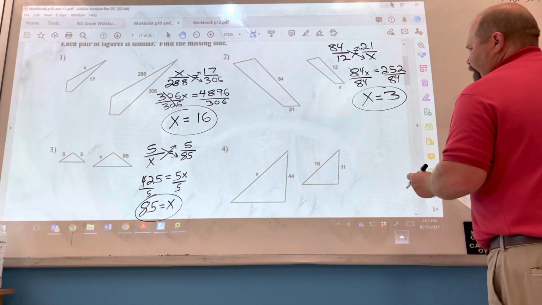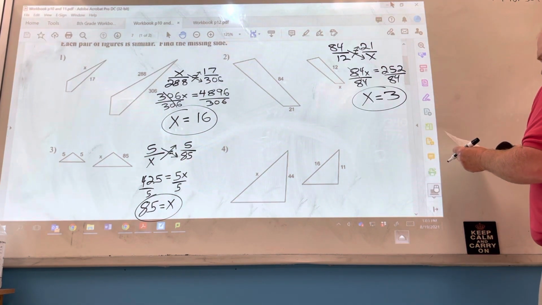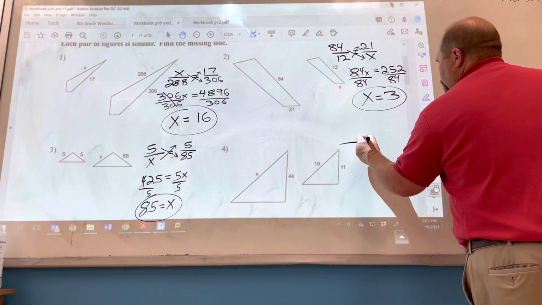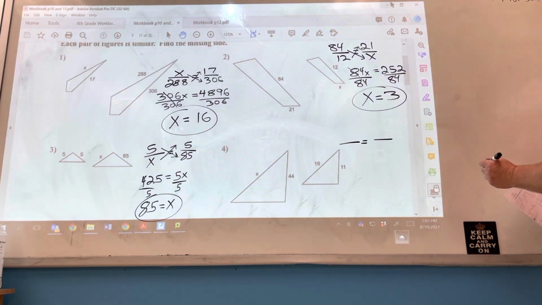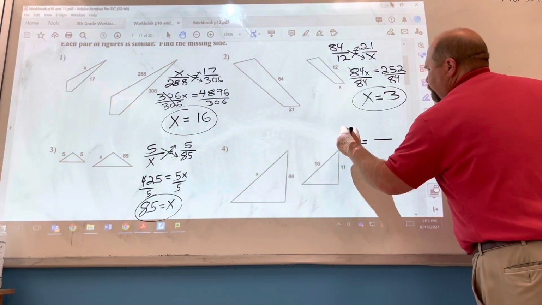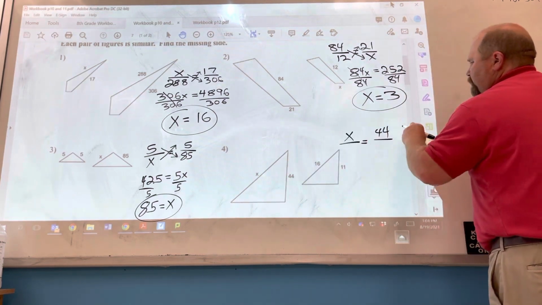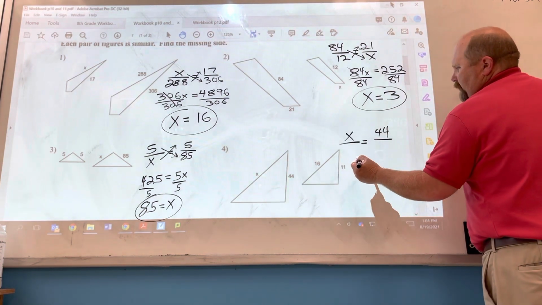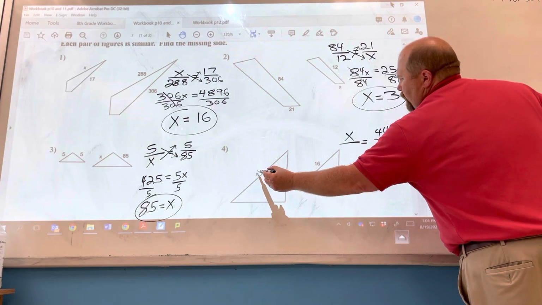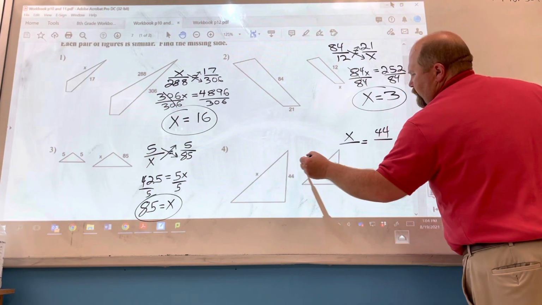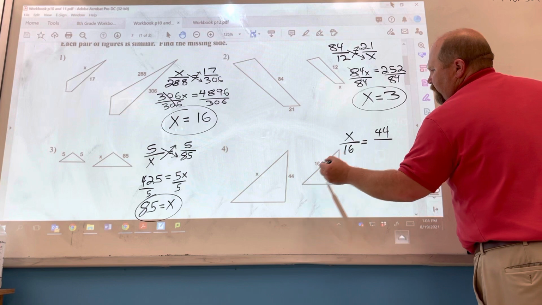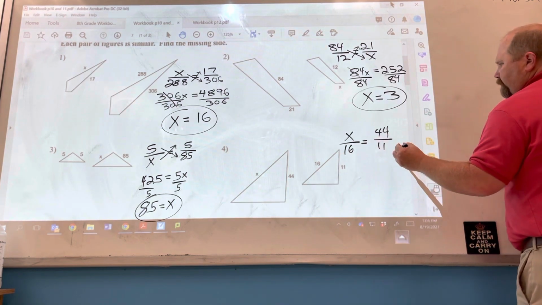Number 4. Set up my proportion. I'm going to start right here. X and 44. Shape number 1, across the top. Shape number 2, it's going to go across the bottom. I just got to make sure that I match up corresponding pieces. X and 16 are a match. 44 and 11.